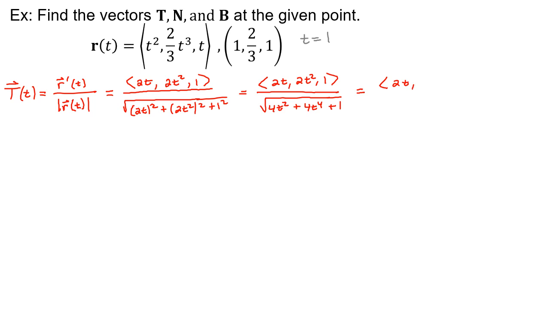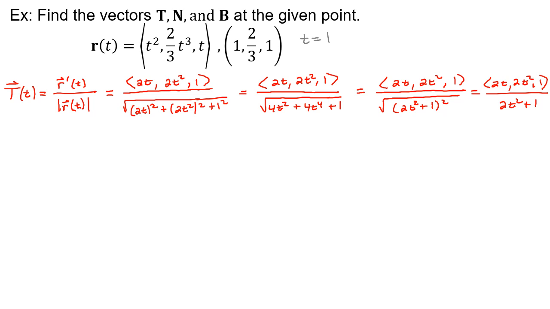This bottom factors as 2t squared plus 1, all squared, because you've got to get to a t to the fourth. And so the square root and the squared cancel each other. So this gives me just 2t, 2t squared, and 1 divided by 2t squared plus 1. That would be my unit tangent vector.